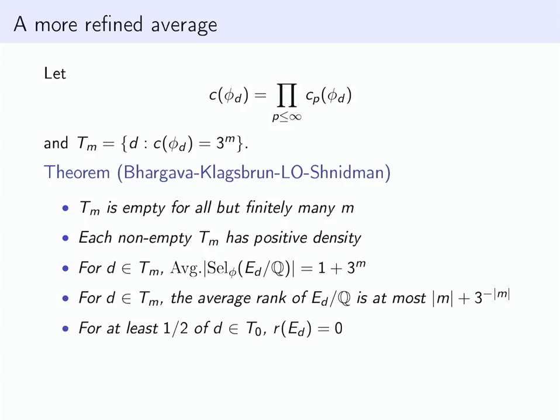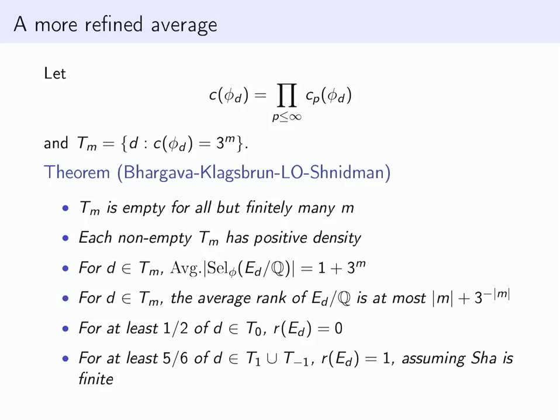The proportion of twists that have rank 0 is given by this T0. We get 50% of the twists in T0 have rank 0, and something similar holds for our twists with rank 1. All right, let's try to demystify this.